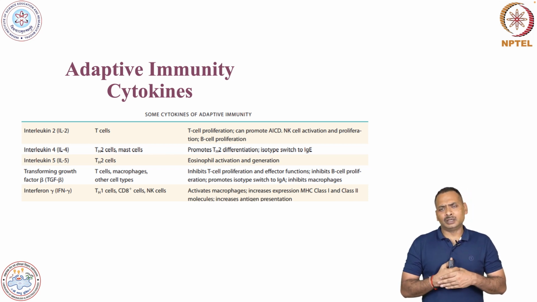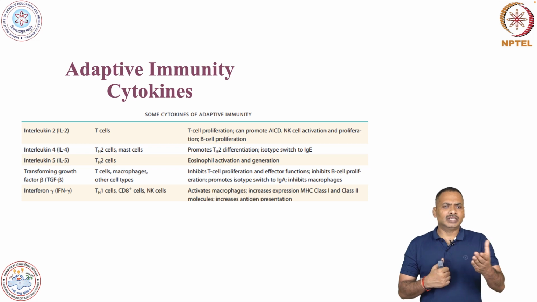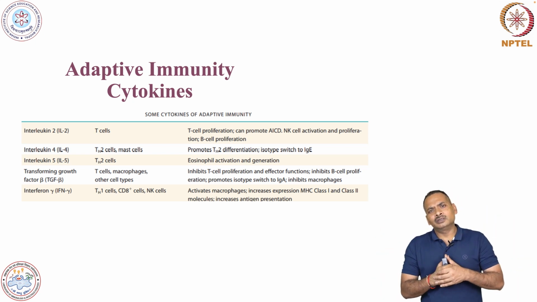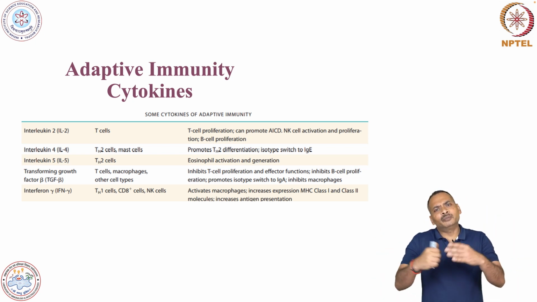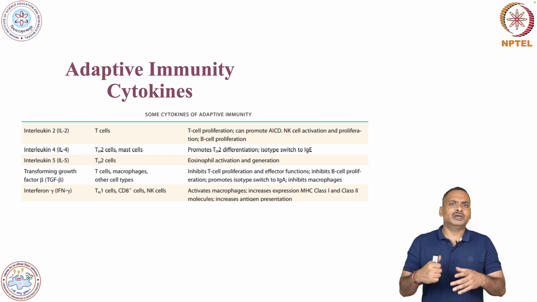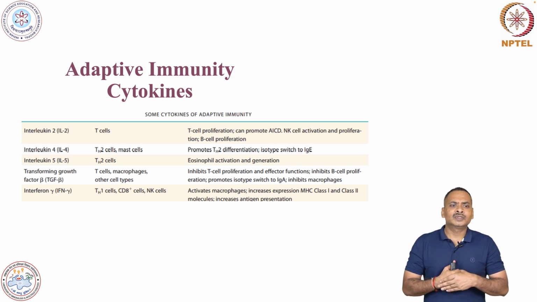All these are produced by other cells, mainly IL-4 and IL-5 are produced by Th2 cells, which play a very important role in the development of humoral response during parasite infection, allergy. Okay.